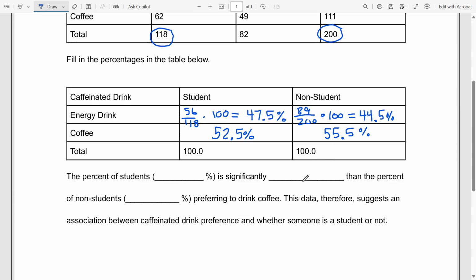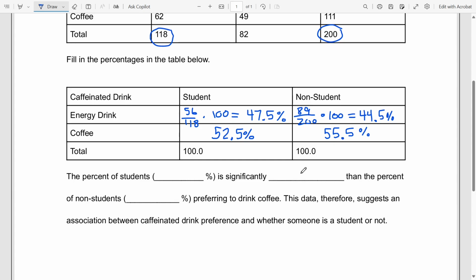There's not really an association here between whether a type of person has a caffeinated drink preference. So you couldn't say, oh, you're a student, so you're more likely to prefer an energy drink, or you're a non-student, you're more likely to prefer coffee. There's really not enough there to claim an association.